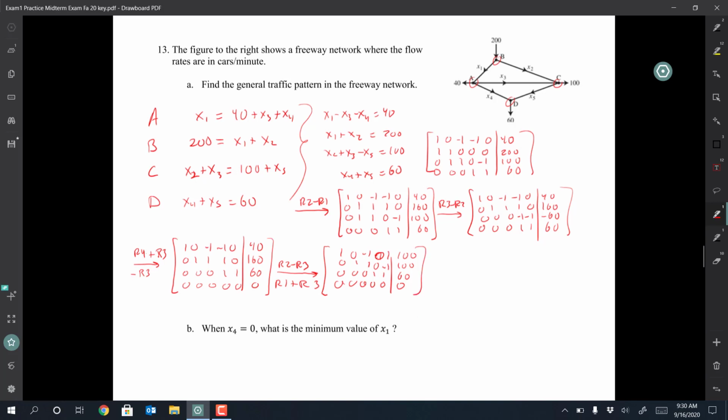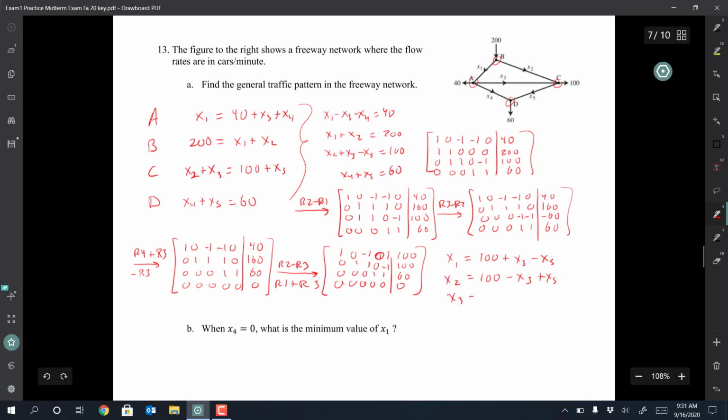And so from here, we have an RREF form, and we can write out our associated equations now. So if I'm taking my kind of shortcut method here, I'm going to say x1 is equal to 100 plus x3 minus x5 as I add and subtract the x3 and x5 to the other side of the equation. My x2 is going to equal 100 minus x3 plus x5.